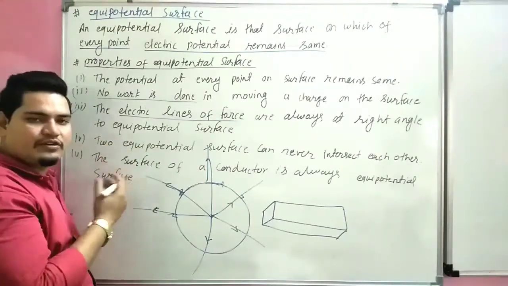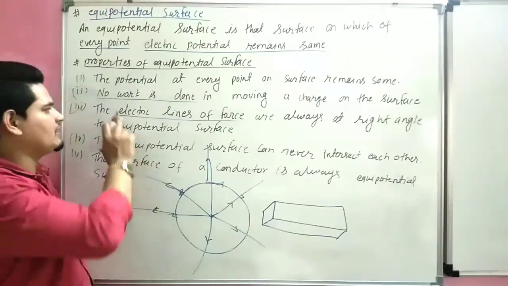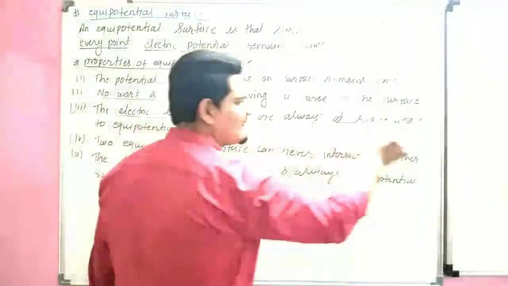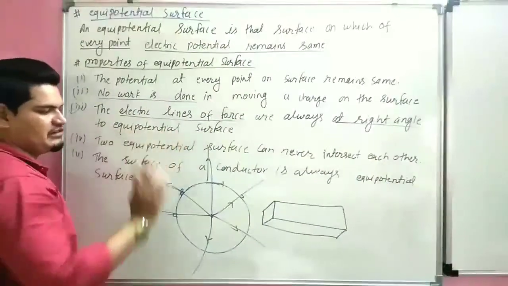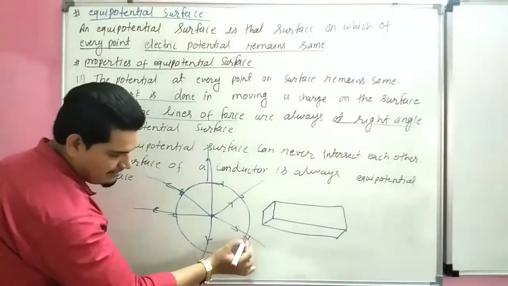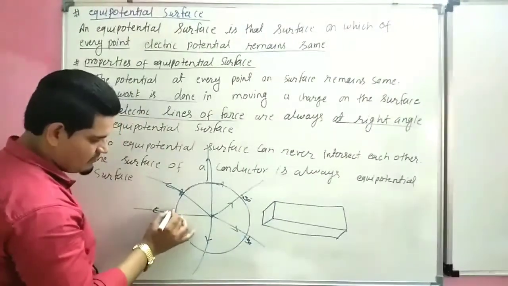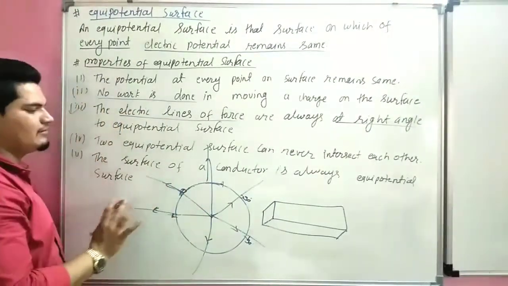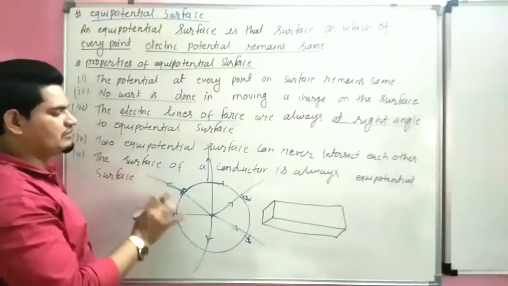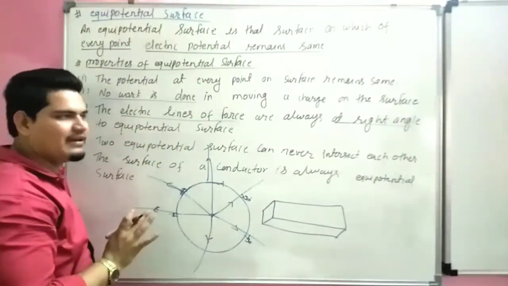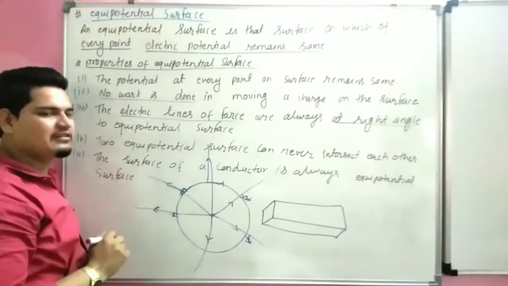They start from positive charge and end in negative charge. So the electric lines of force are always at right angle, that is 90 degrees, to the equipotential surface.